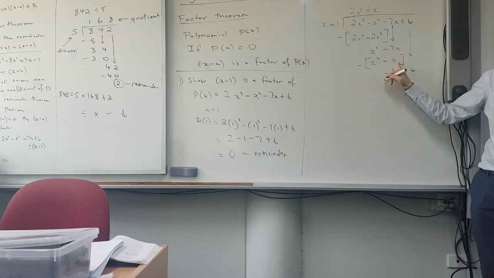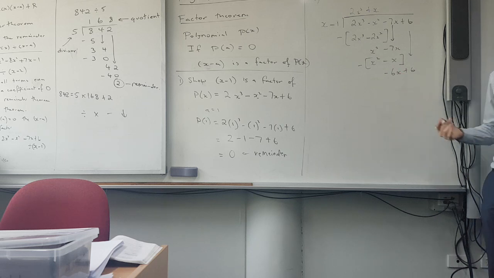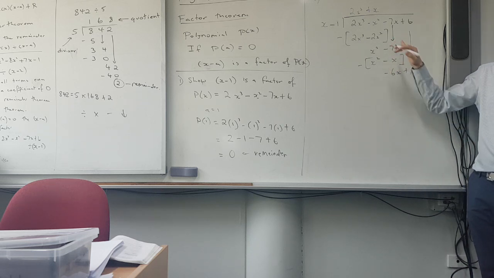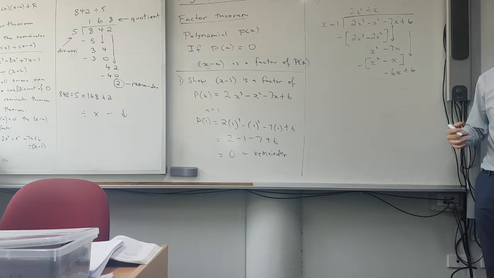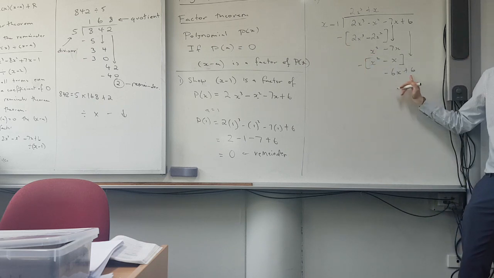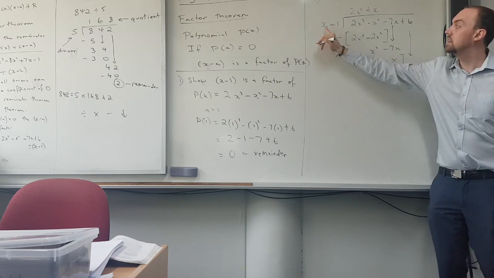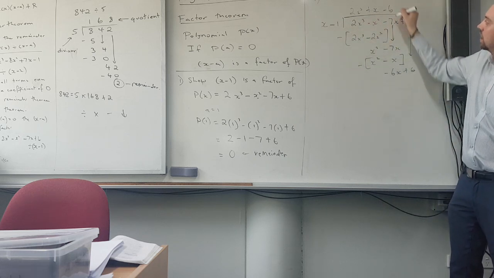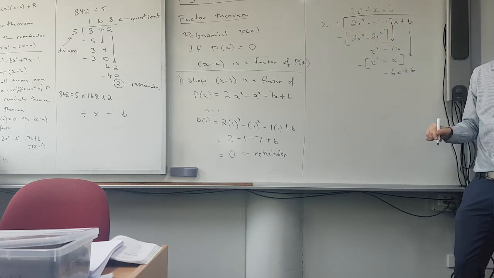Take away a negative, which means we're adding on x. So negative 7 add 1 is negative 6. Keep going. Negative 6x divided by x is negative 6.